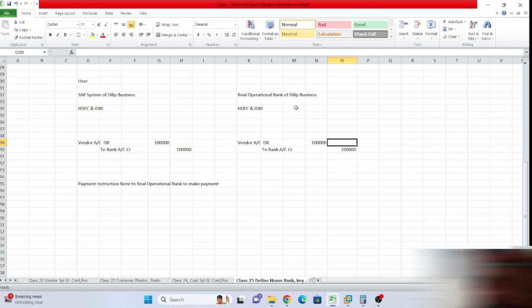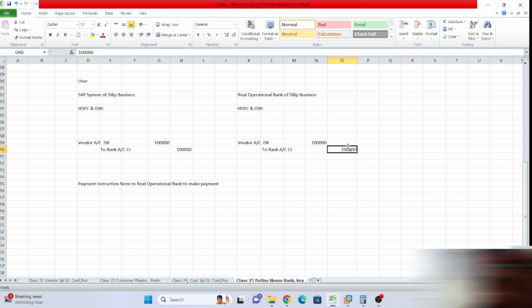After that, what actually happens? The real operational bank will send one bank statement, an electronic bank statement. In the SAP system, to do the reconciliation, let's suppose this is the SAP system bank, and in the real operational bank sometimes they provide some interest, they deduct some charges. Correct?